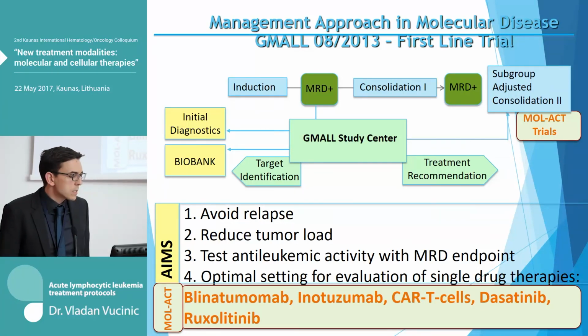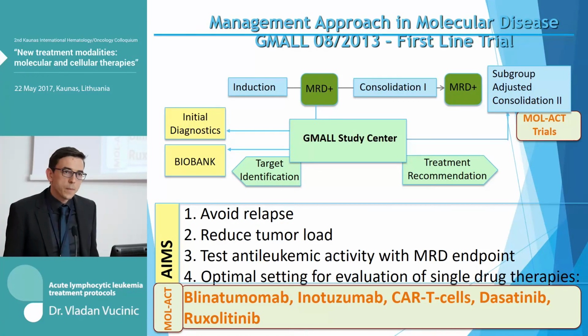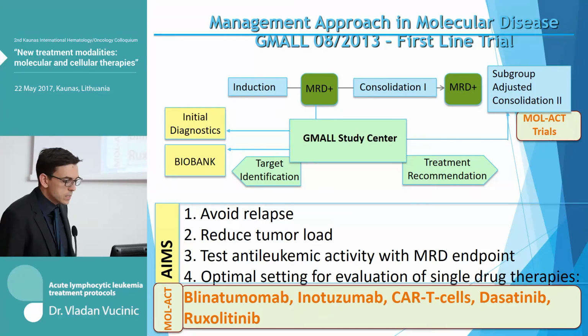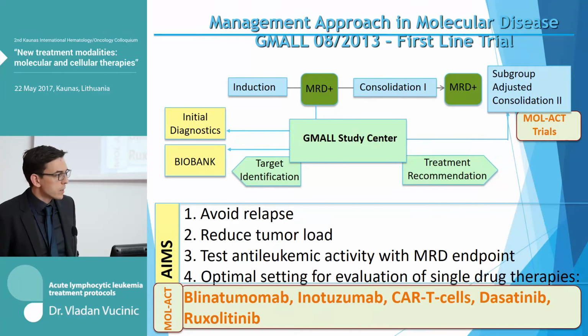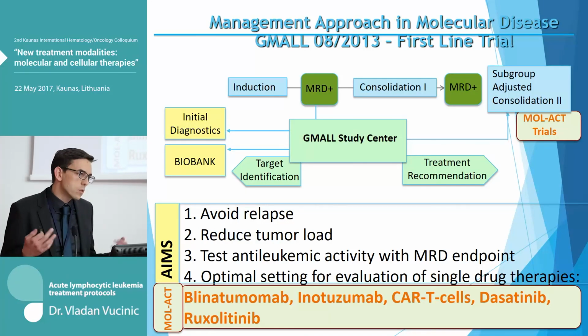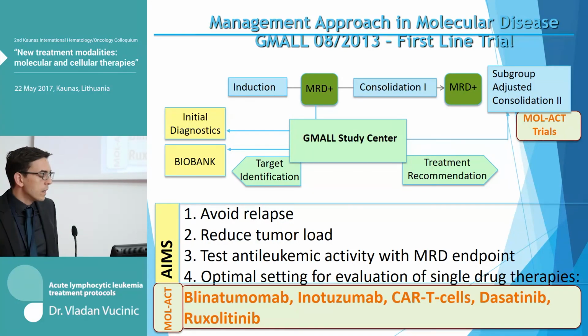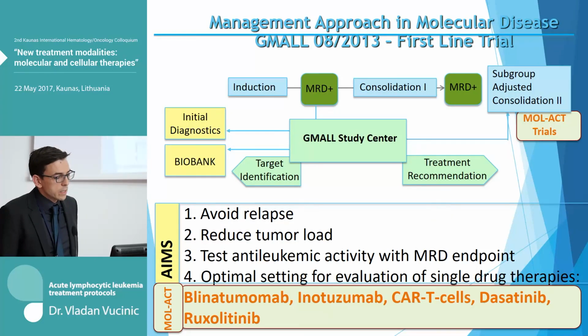The aims of the new study are to avoid relapse, to reduce tumor load, to test anti-leukemic activity with the endpoint minimal residual disease, and to find the optimal setting for single drug strategies like blinatumomab, inotuzumab, CAR T cells, dasatinib in case of Philadelphia positive ALL, and also nelarabine in case of T cell ALL.